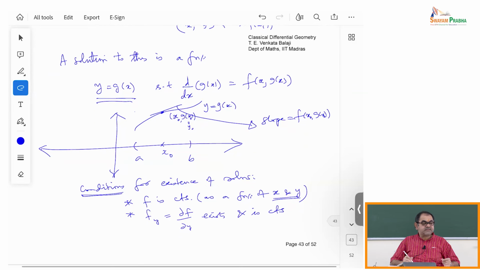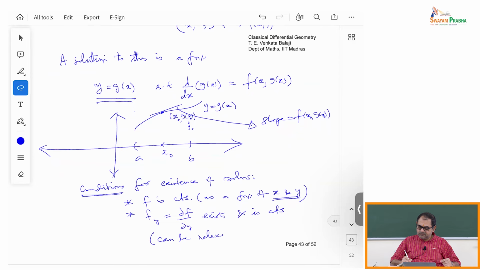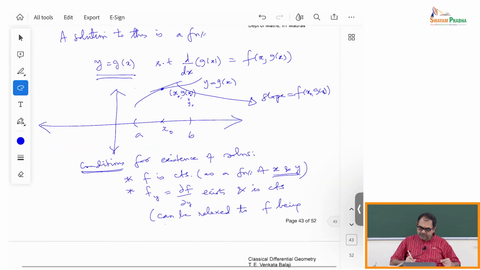And this can be relaxed somewhat by assuming that f is Lipschitz, that f satisfies the Lipschitz condition with respect to the second variable y, okay.